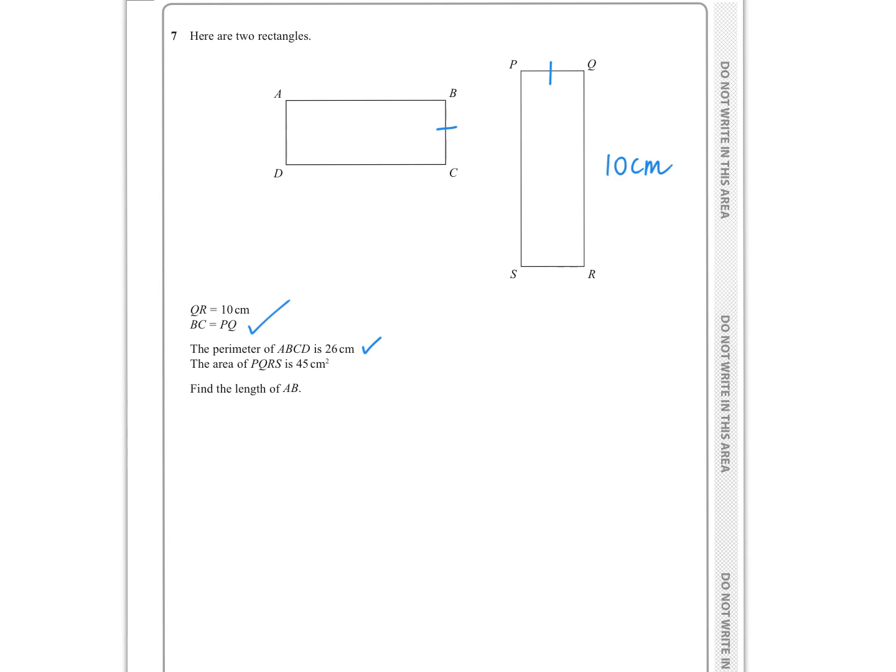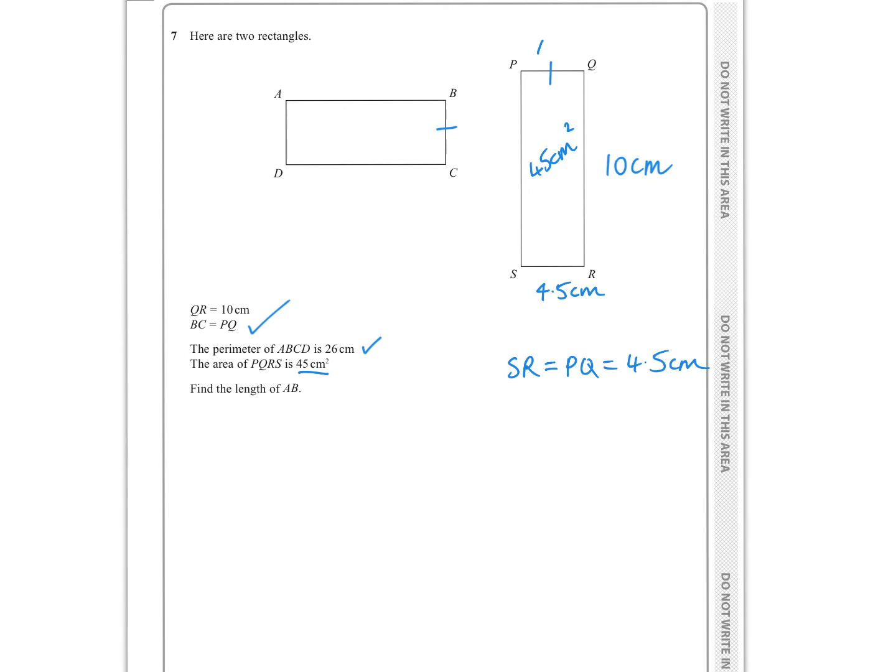Well, SR must be the same as PQ, and that must be 4.5, because only 4.5 centimetres multiplied by 10 would give the required area here, with 45 centimetre squares, which we're given.